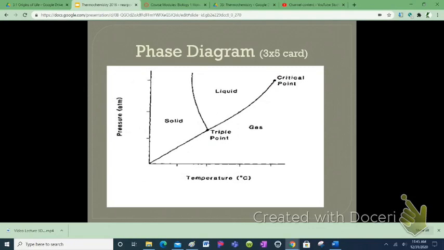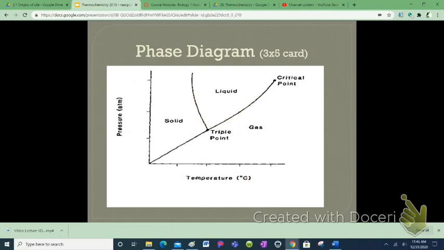And more importantly, I can give you a particular pressure and ask you, what is the melting point, since this is between solid and liquid, and what is the boiling point, since this is between liquid and gas. And based on that information, you can then tell me at what temperature those things occur. Okay?